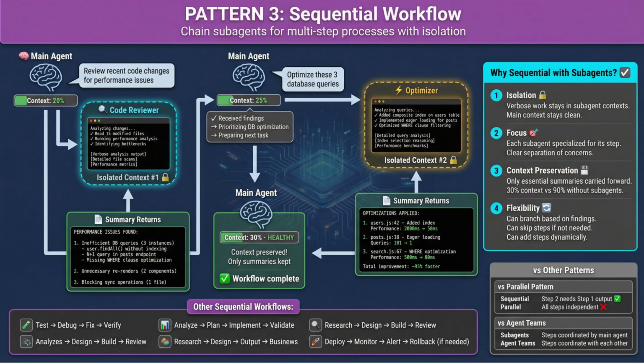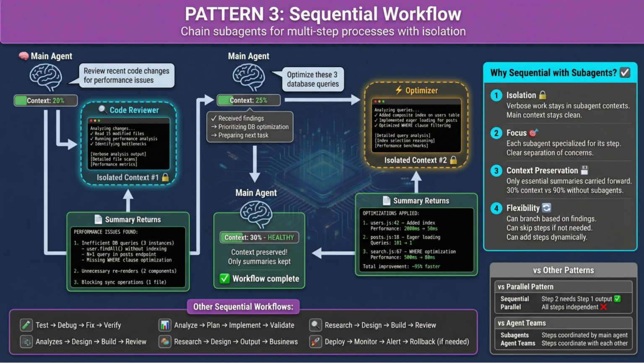A concrete example is a code improvement workflow. First, a code reviewer subagent analyzes recent changes and identifies performance issues. Maybe it finds inefficient database queries, unnecessary re-renders, and blocking synchronous operations. It returns this analysis, and your main agent processes the findings and prioritizes database optimization first.